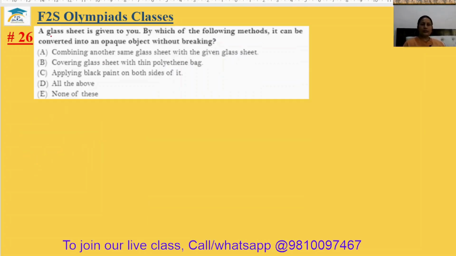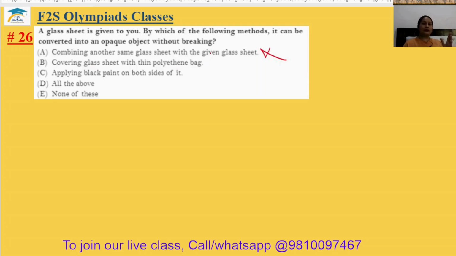Question number 26. A glass sheet is given to you. By which of the following methods can it be converted into an opaque object without breaking? Combining another same glass sheet with the given glass sheet? No, both are transparent, and if both are combined, it means they will become transparent again. We cannot make it opaque. Covering the glass sheet with a thin polythene bag.